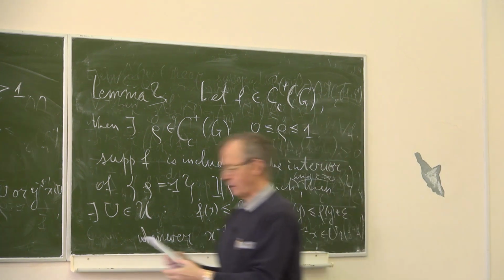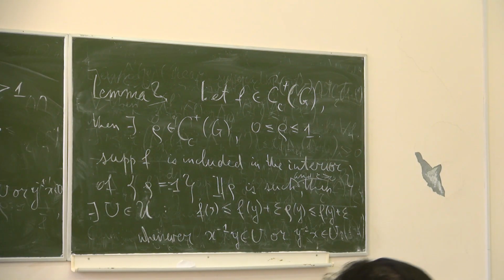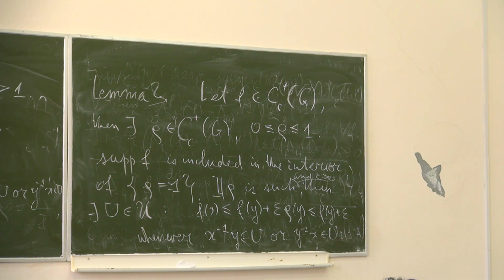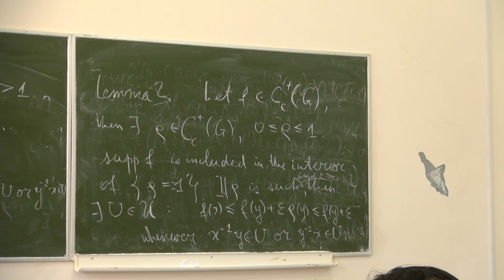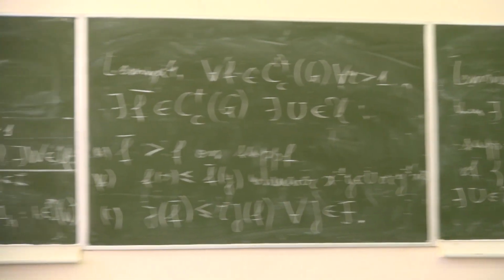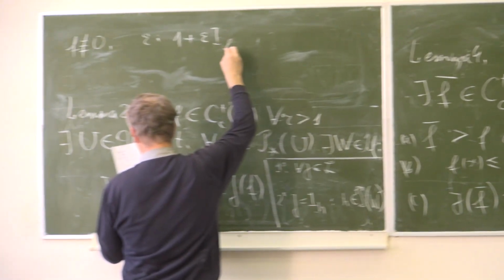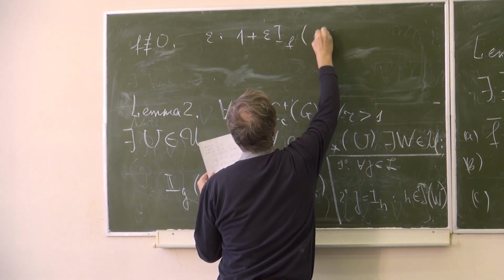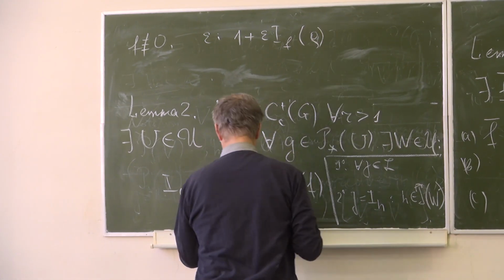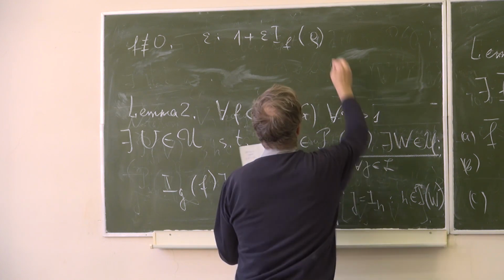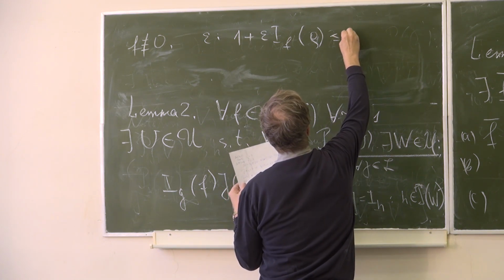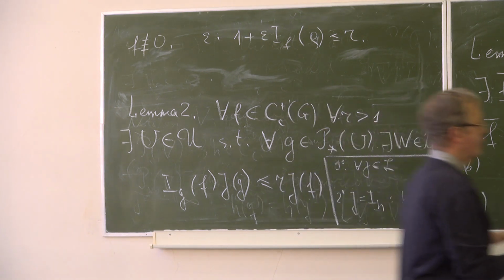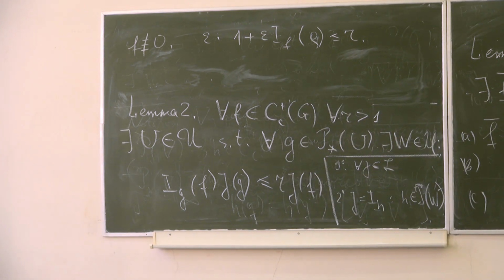And let us choose epsilon in such a way that (1 plus epsilon) I f of rho is less than or equal to r. So we choose a rho with these properties, and then we choose small epsilon so that we have this inequality.